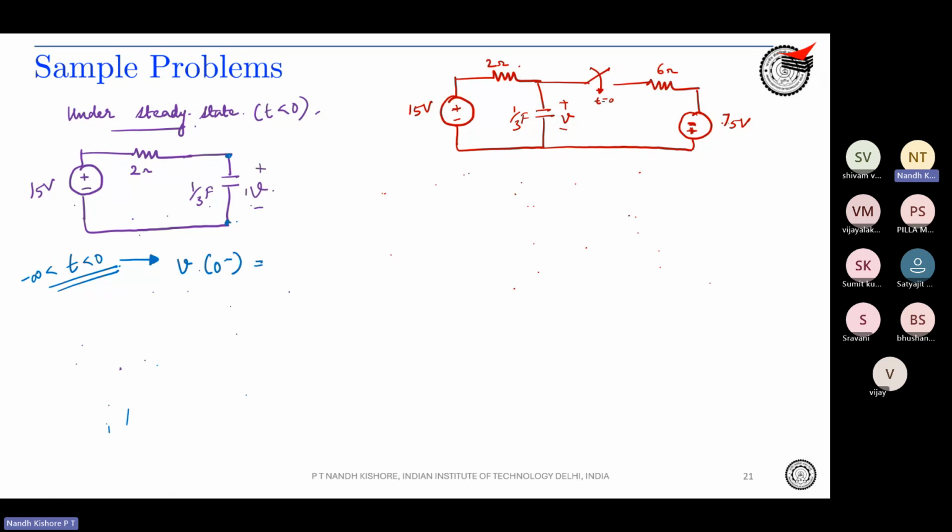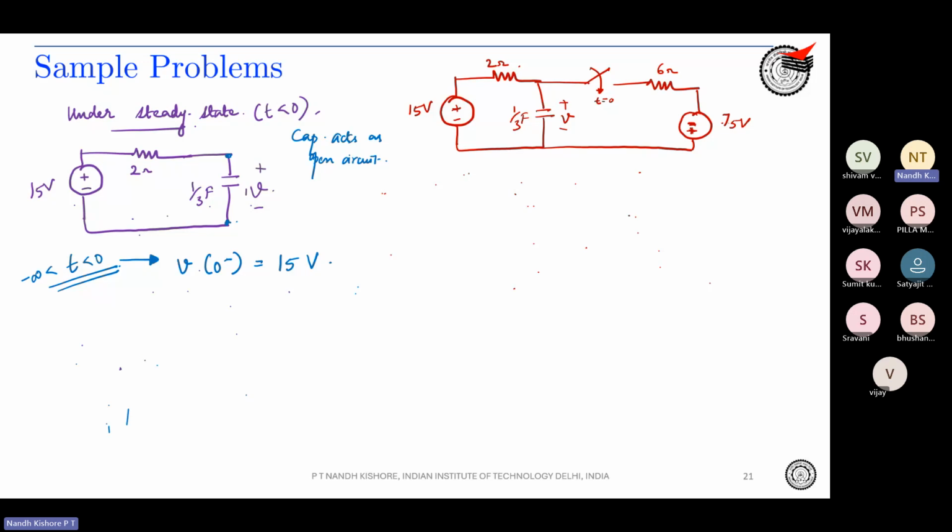V of 0 minus is going to be directly 15 volts, because under steady state, the capacitor acts as an open circuit.